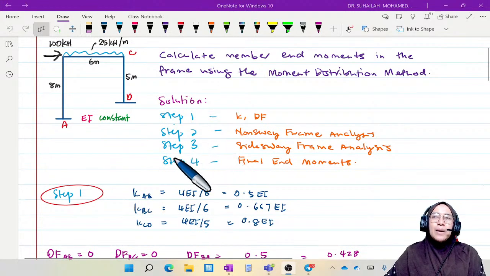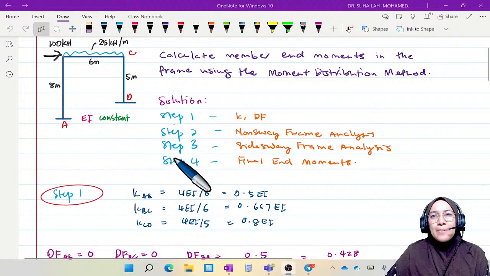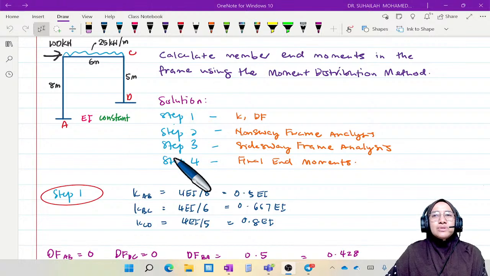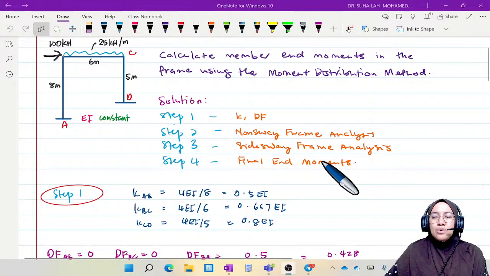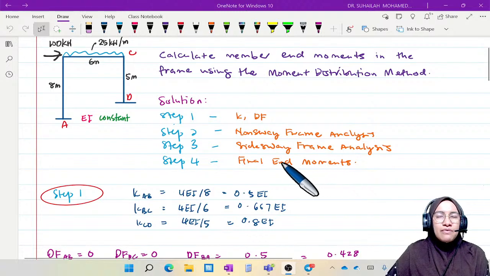For procedure number 3, we will only focus on table number 2, which is the sidesway frame analysis only. So we have to calculate FEM by assumption, due to delta, where delta is unknown. This is called the sidesway frame analysis.